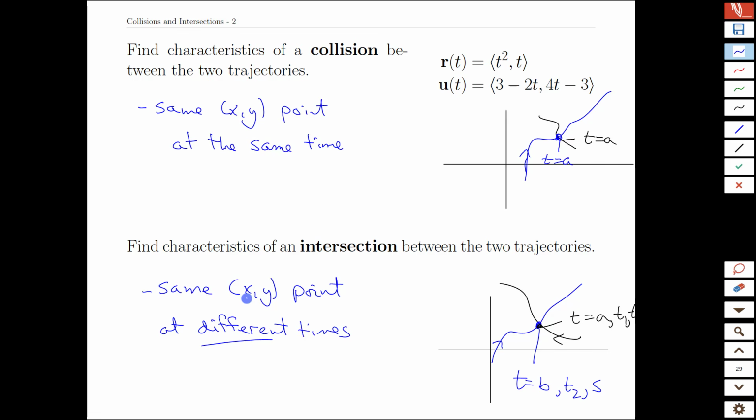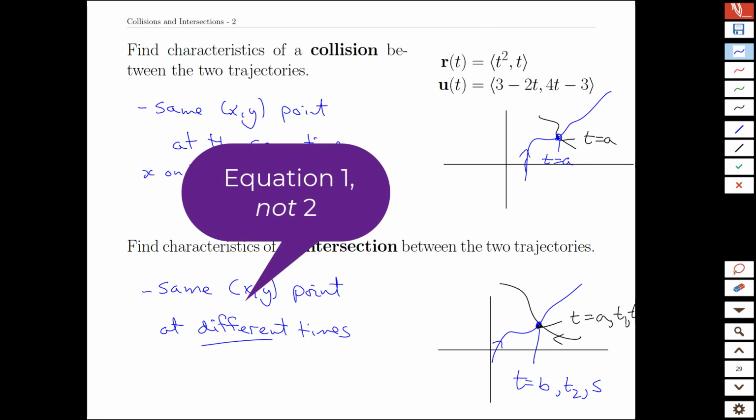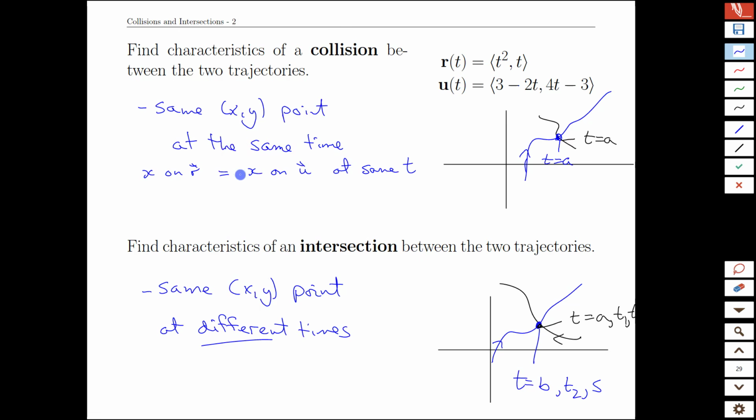So a quick setup of the equations. What we're going to have here is the x on the r curve is going to equal the x on the u curve at the same time. So we're going to be able to use t for both these equations. If there's a t, I can sub into the x coordinate for both of these and get the same x. That's halfway to a collision.